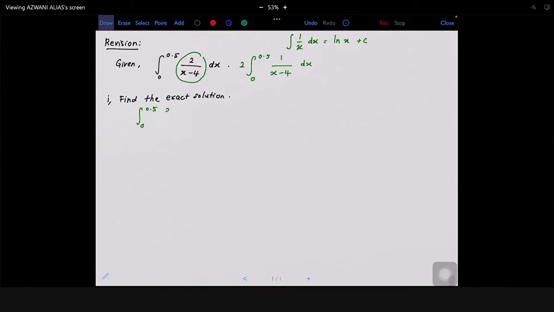saya write it again. Kita akan dapat 2 ln x minus 4. Okay, 2 ln x minus 4 multiply by kita differentiate dalam the inner product tu x minus 4 which is 1. Okay, plus c, kat sini tak perlu plus c sebab kita nak substitute with respect to x is equal to 0 dan x is equal to 0.5. Okay, so 2.